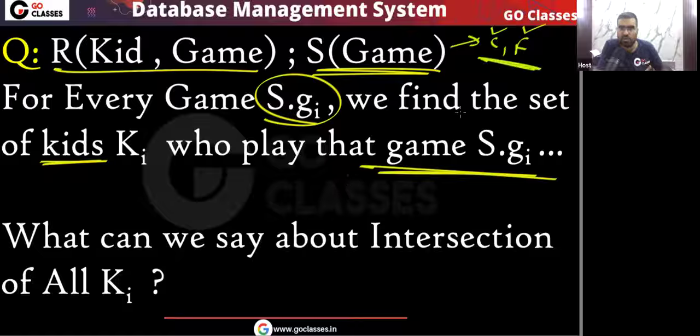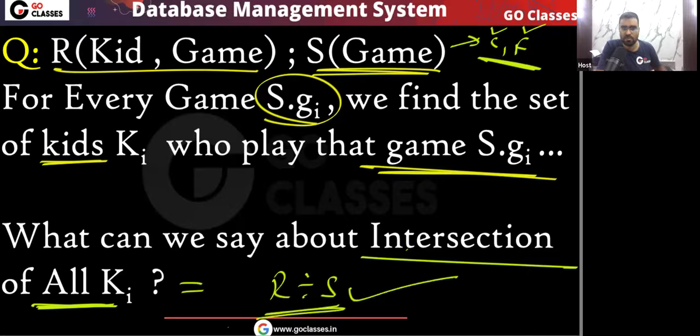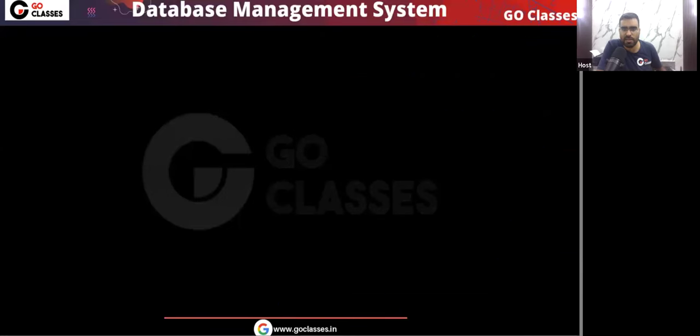If I do the intersection of these kids, I will get those kids who play every S game. So I will get R divided by S.